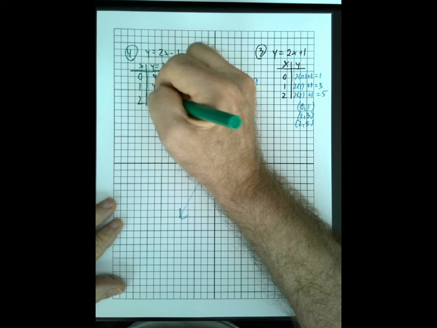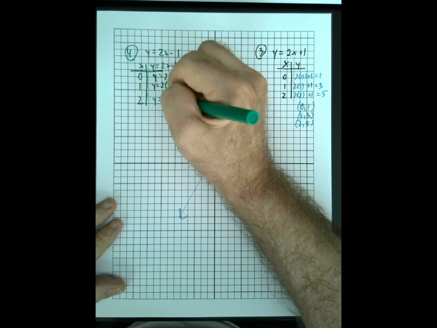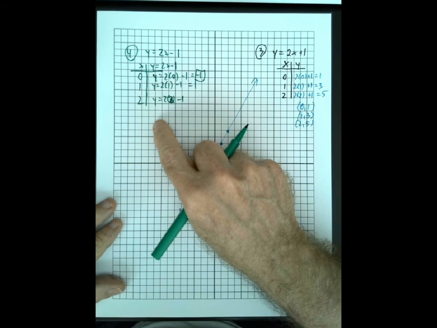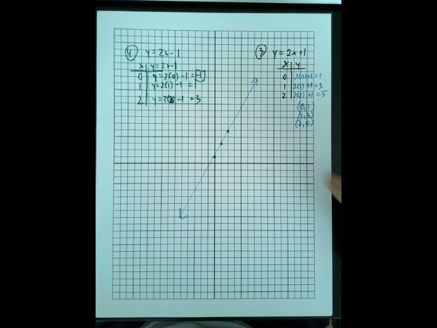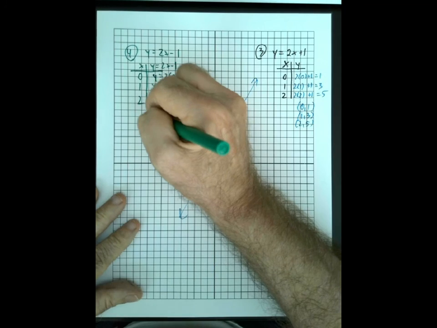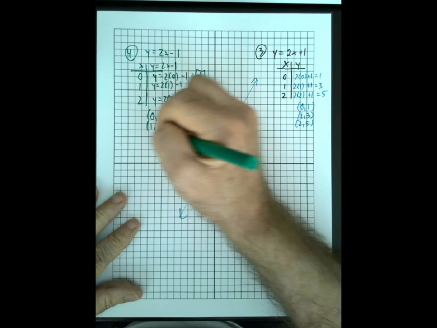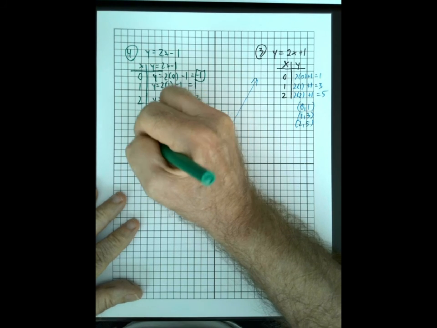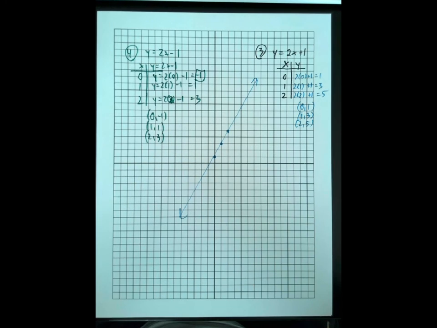And in here the y number is 2 times 2 minus 1. 2 times 2 is 4, minus 1 is 3. So that gives us the ordered pairs (0, -1), (1, 1), (2, 3). There's the x, there's the corresponding y calculated from the equation, right?